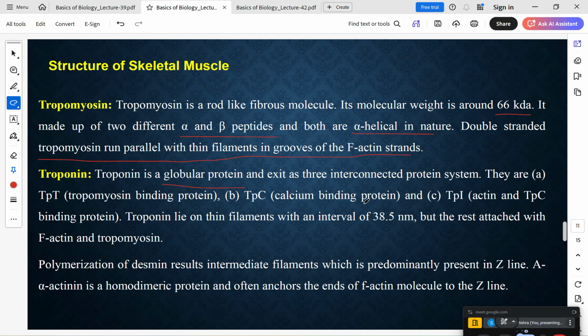It is made up of a 3 protein system: TnT or tropomyosin binding protein, TnC or calcium binding protein, and TnI or actin and TnC binding protein. The troponin lies on thin filaments at an interval of 38.5 nanometer. The polymerization of this we will discuss later.